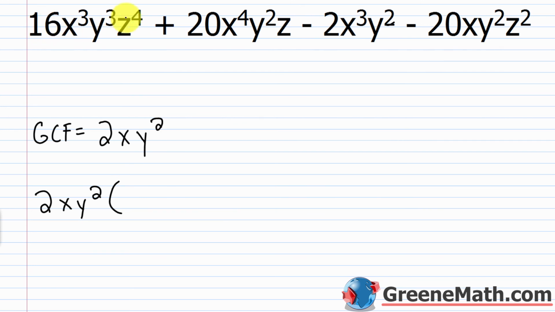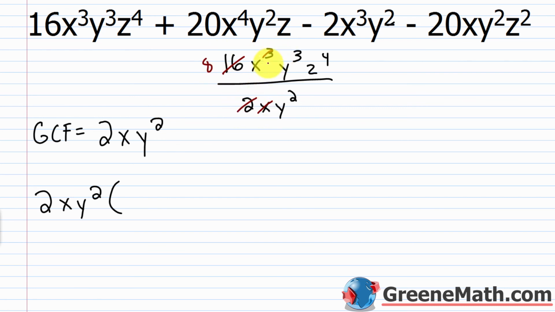So if I divide this by 2xy squared, so 16x cubed y cubed z to the fourth over 2xy squared. And eventually you're going to be able to do this in your head, but for right now I want to just make it completely clear. 16 over 2 is 8. X cubed over x is x squared. Y cubed over y squared is y. So this is going to give me 8x squared y z to the fourth.